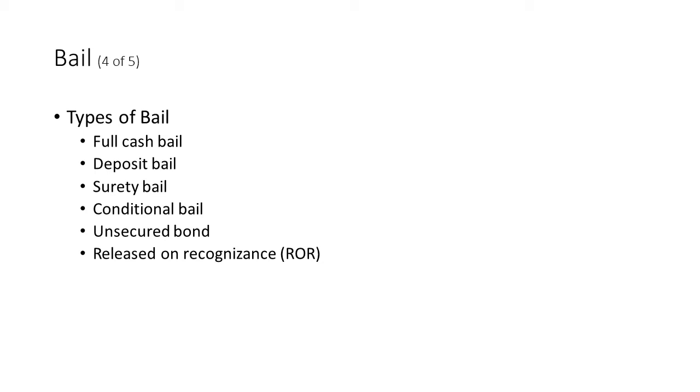Pretrial release or pretrial services, not on my list, but it is a type of release for the defendant. This is where someone is released without bail. The judge doesn't set bail, and they're not released ROR. This is a direct order from the court: pretrial services or pretrial release.